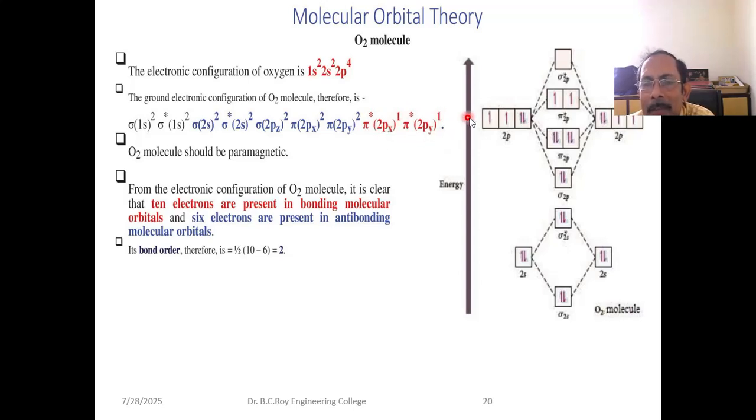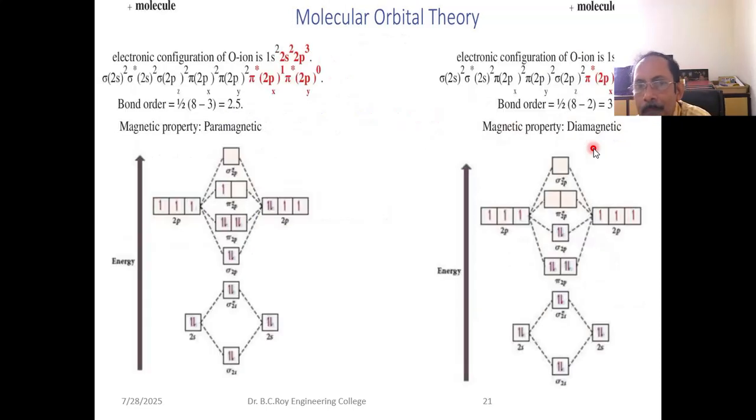So one electron resides in each of the pi 2px and pi 2py orbitals, all in the anti-bonding orbital. So what is the bond order? The number of bonding electrons is 6, but the number of anti-bonding electrons is 2, so 6 minus 2 by 2, the net bond order becomes 2, and the molecule will be O double bond O.